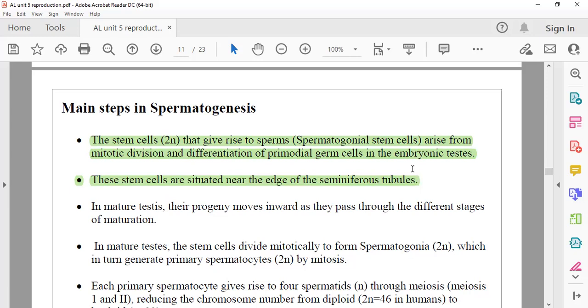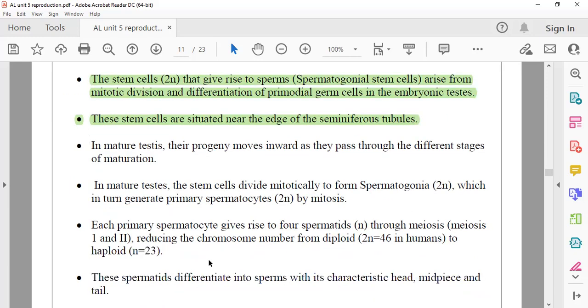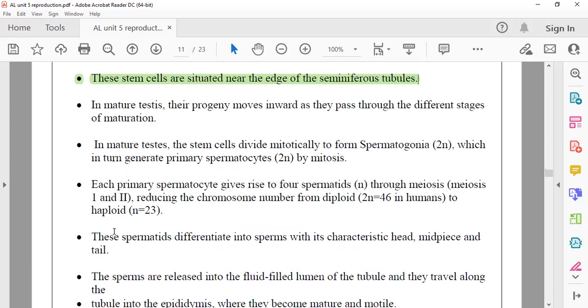The first two lines are regarding which stage? When the male is an embryo, before he is born. The rest of the story is telling after his puberty.